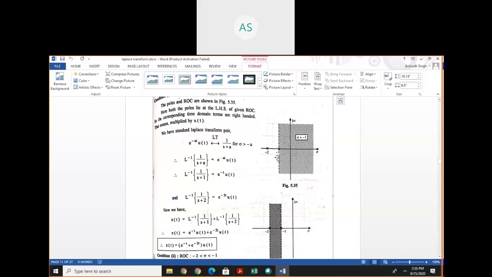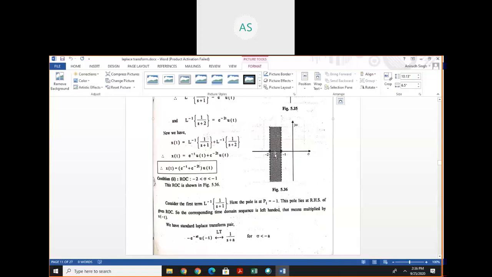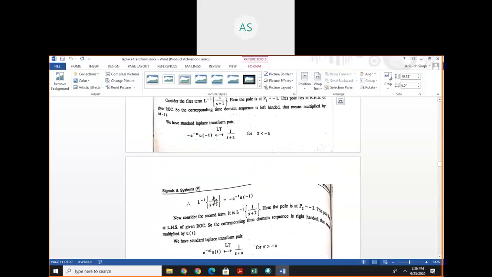When ROC is greater than minus 1, both poles lie to the left hand side of ROC, so we can take the standard Laplace transform here, exponential minus at u(t) is equal to 1 by s plus a, and from this expression we get the inverse Laplace transform of 1 by s plus 1 is this, and the inverse Laplace transform of 1 by s plus 2 is given by exponential minus 2t u(t), and we get the final expression for x of t.